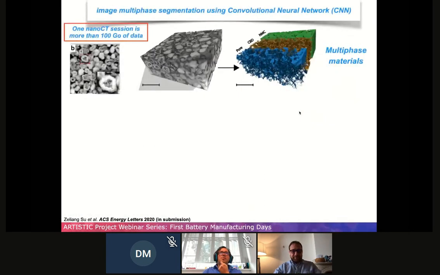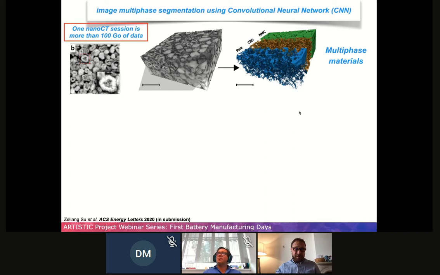Okay, I'm done with the tomography and operando experiments. Let's switch to the image segmentation. So for one session in synchrotron, we come back with around 100 gigabytes of data. Which is huge.